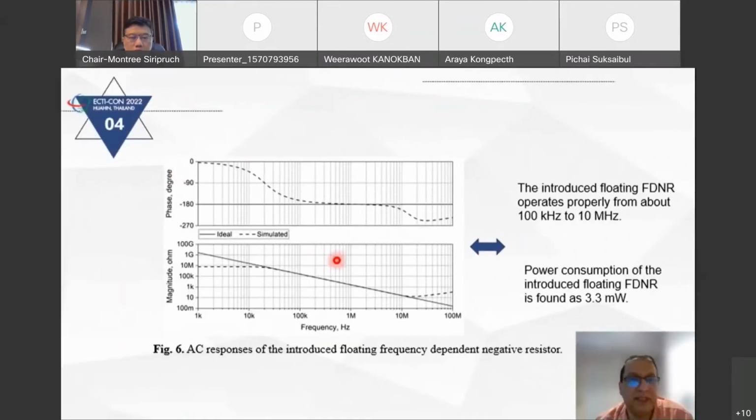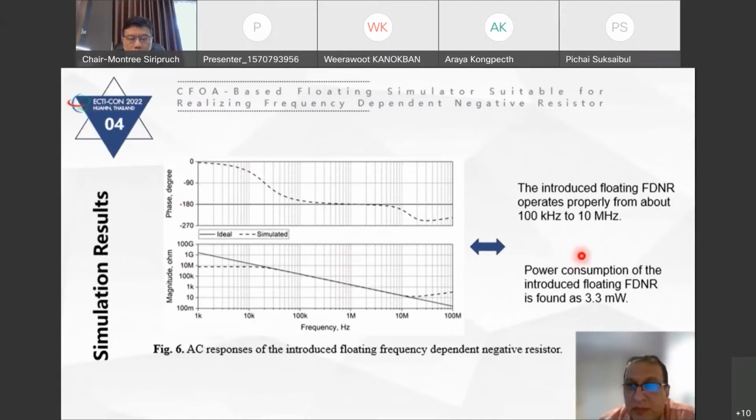The phase response and magnitude response of the proposed FDNR circuit are given in figure 6. As you can see, we have an ideal response in this region between 100 kHz and 10 MHz, with the phase equal to minus 180 degrees, and for the magnitude, the same is valid.